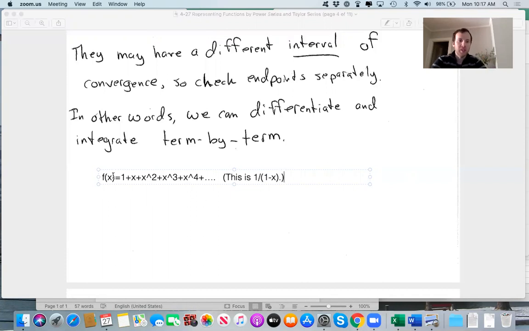And we actually know that 1 over 1 minus x does have this series. What this term by term stuff is saying is that if you want to know the series for the derivative of f, all you do is take the derivative of each of these terms separately. So a series for the derivative: the 1 goes away, x becomes 1, x squared becomes 2x, x cubed becomes 3x squared, x to the 4th becomes 4x cubed, and so on.